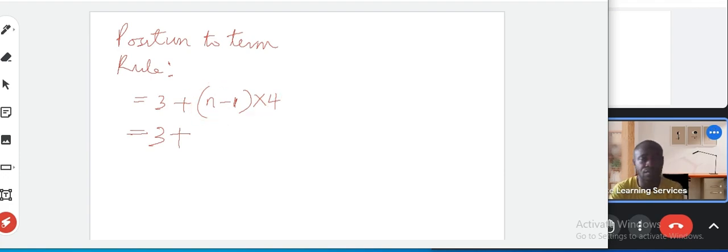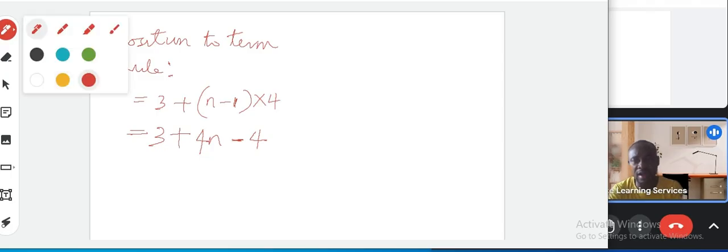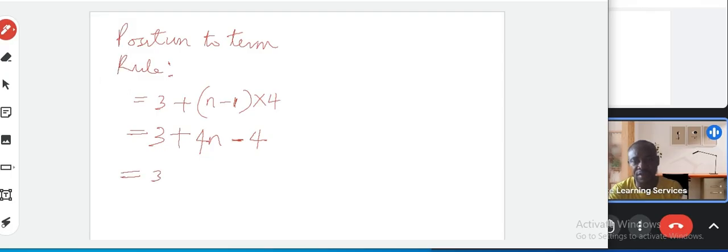Let's go. 4 times n gives us what? 4n. Minus 4 times 1 gives us 4. And that will eventually become 3 minus 4, then plus 4n.